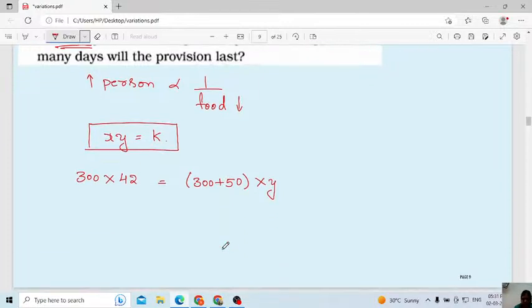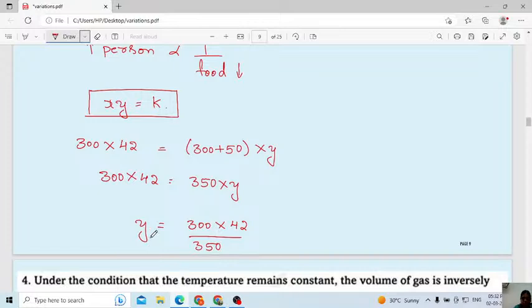Easy question. Write this as it is, later you can cancel. Then this will be 350 into y. Then y will be equal to, I will write the step. No need to write the step also, but I am explaining now, that's why I will write.